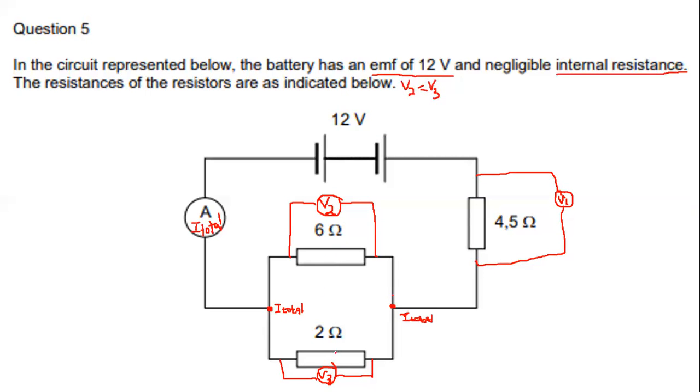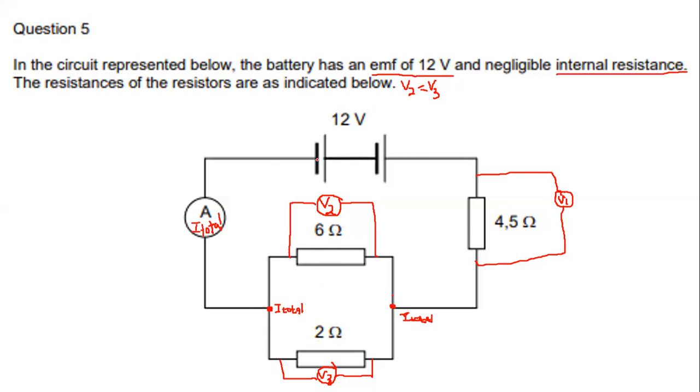We know for a fact that resistors connected in parallel are current dividers, and they are not potential dividers. It means they don't divide the potential. So the potential is going to be the same for V2 and V3.